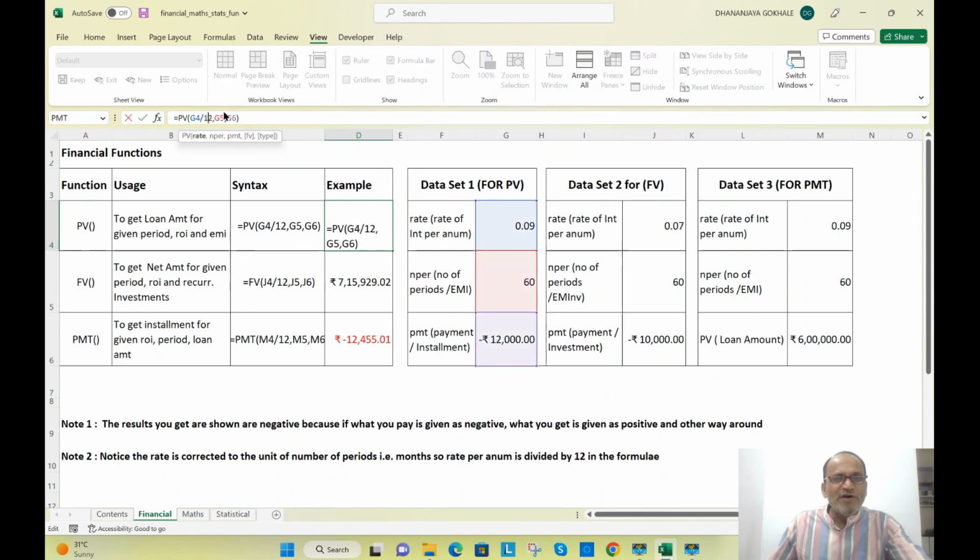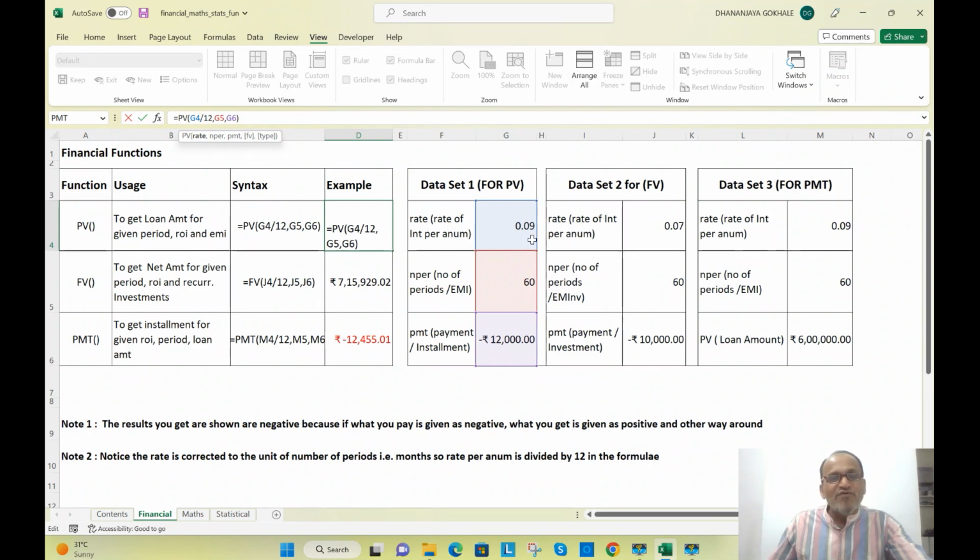The first argument in this function is rate of interest. Sorry, let me click here. First argument is rate of interest. The only thing to be understood here is the rate of interest given here is 0.09, that means 9%.